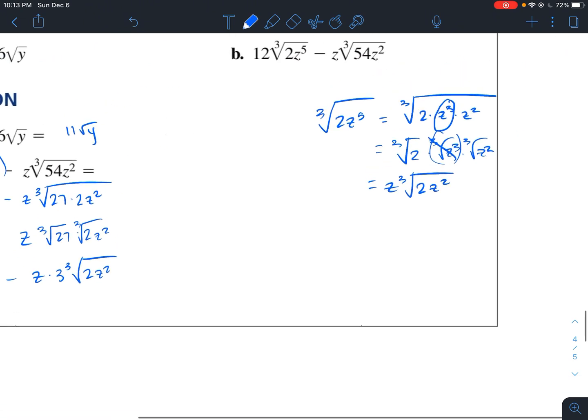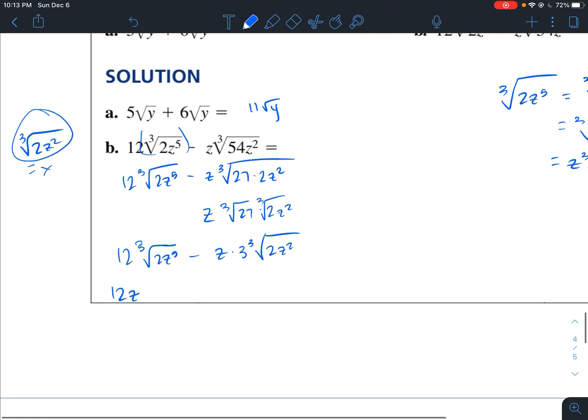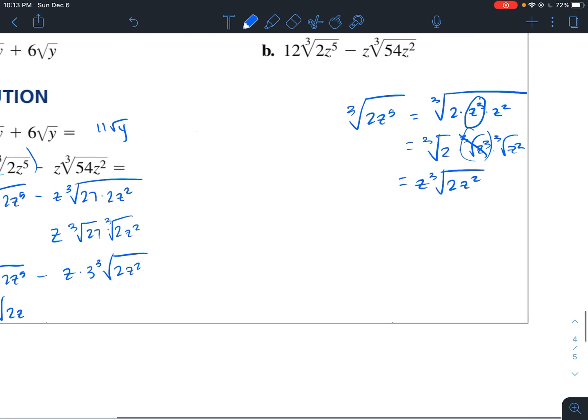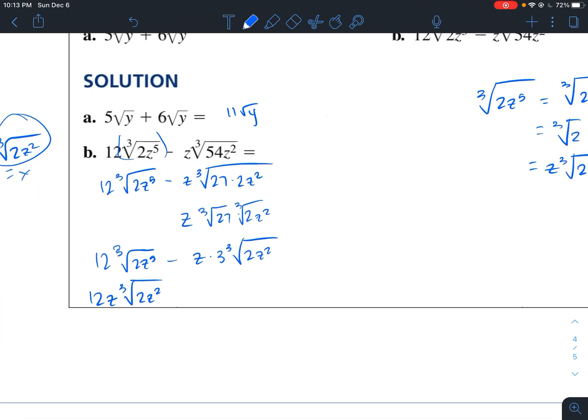So now I've reduced this to 12z, because we were able to bring a z out, times the third root of 2z squared, minus z. I guess I could write 3z third root of 2z squared.